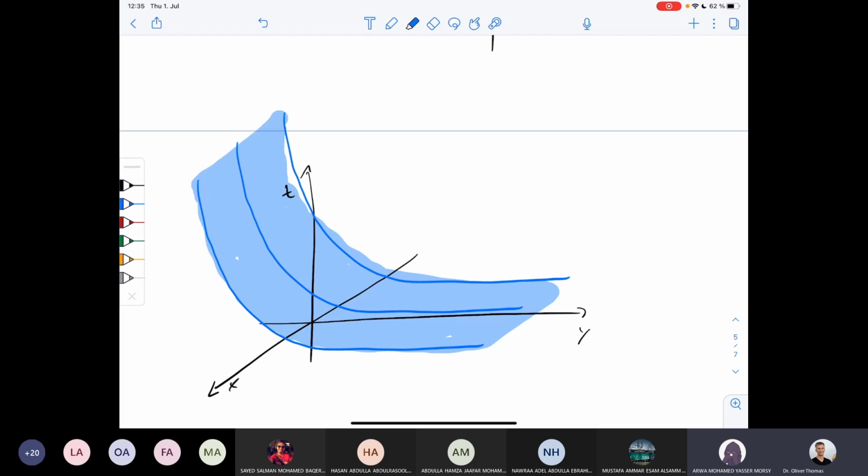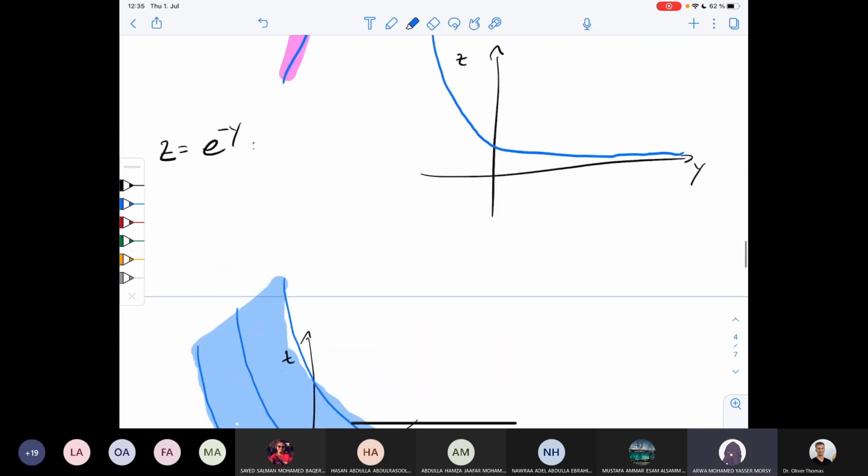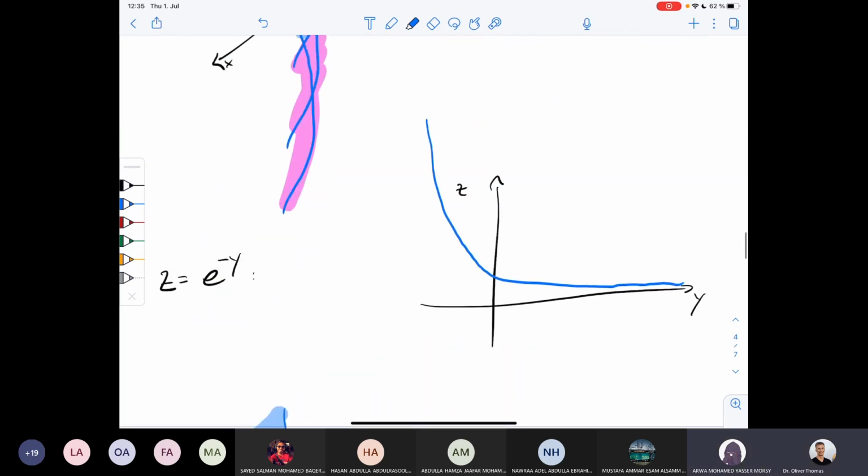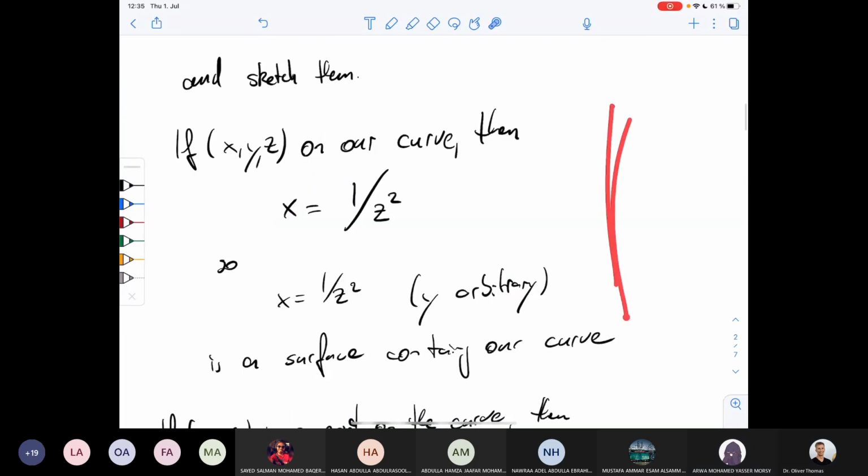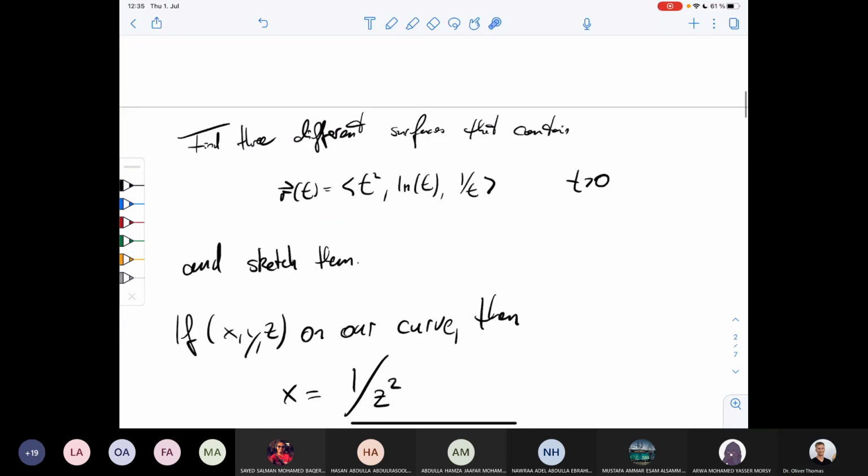Doctor, can you please just show us for one of the axes or the surfaces, how did you find the equation? Okay. Yeah. You mean this part over here? Yes. Okay, sorry.